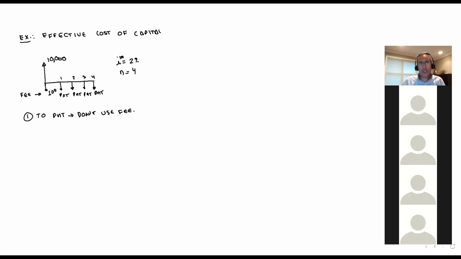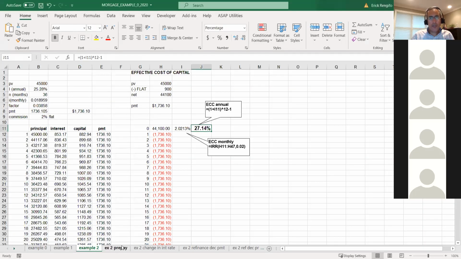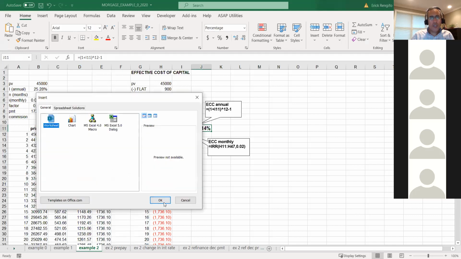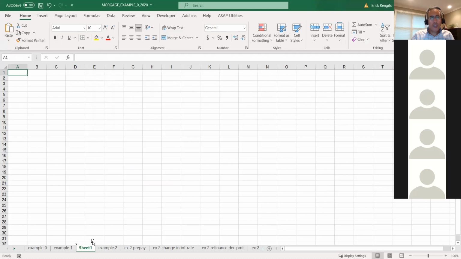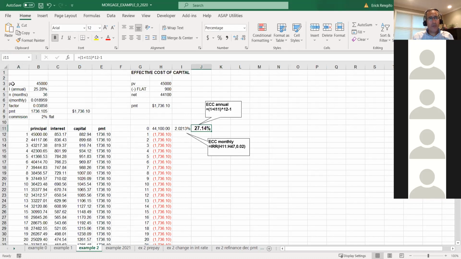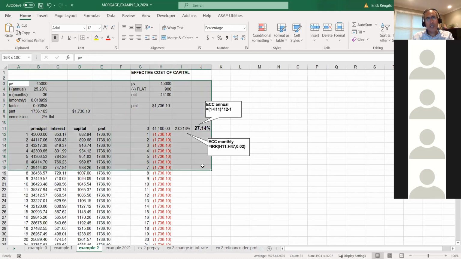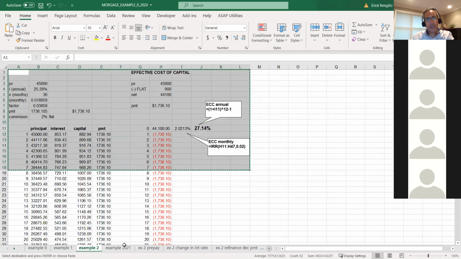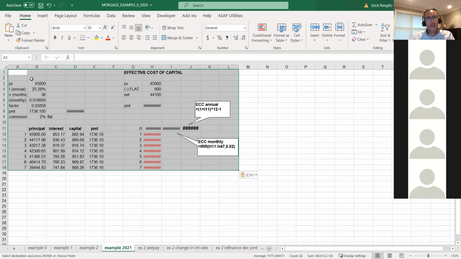Okay, so let's do that. Let's go again to Excel, and let me create a new sheet. We'll call this example 2021. Let me copy all this part from here.